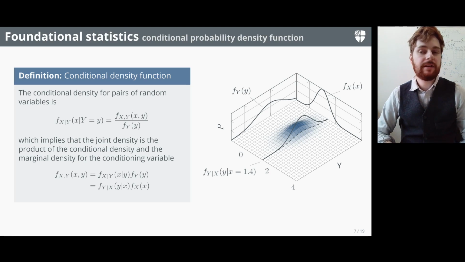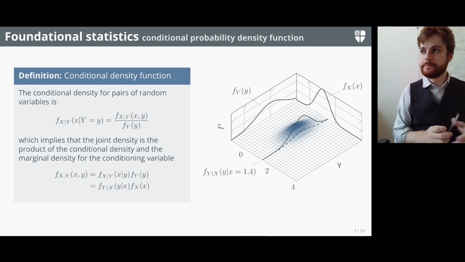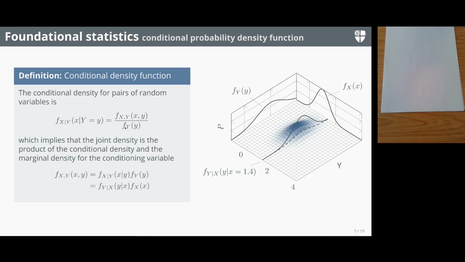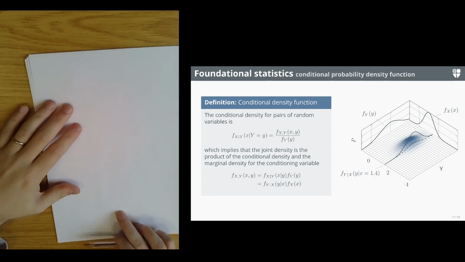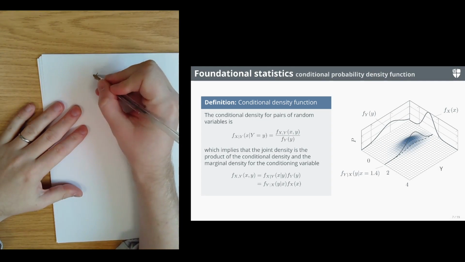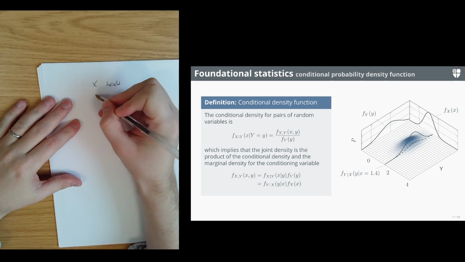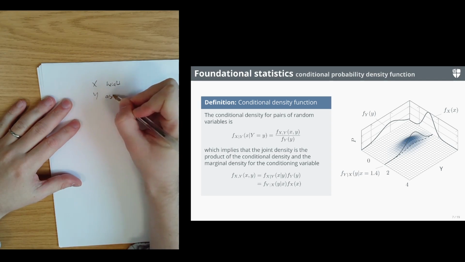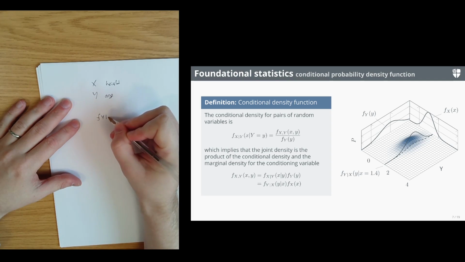So working through an example, let's go back to my notes. Again, let x be the height and let y be the age. We ask the question, what is f of y conditional on x?